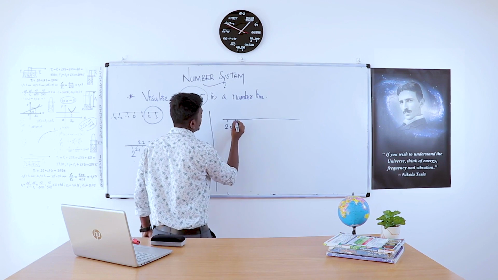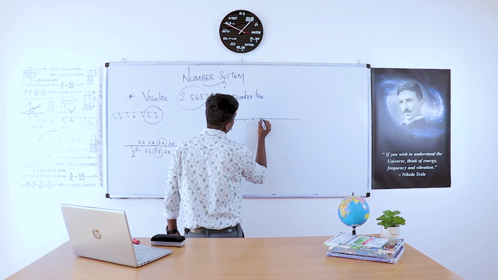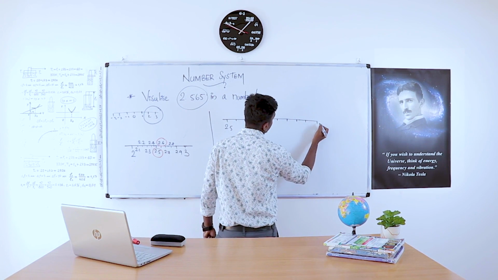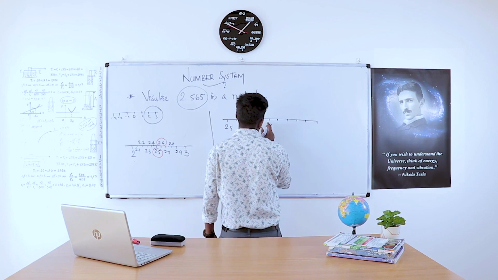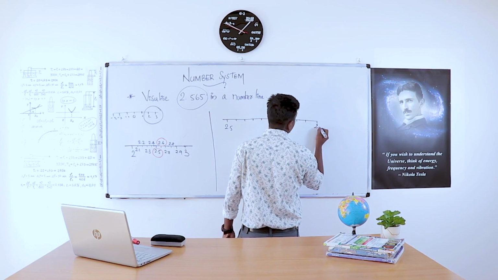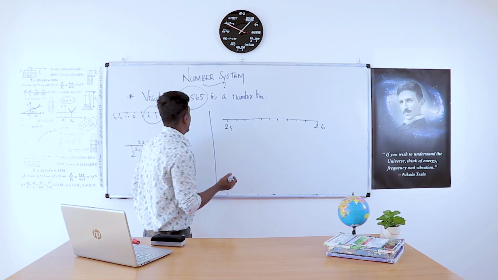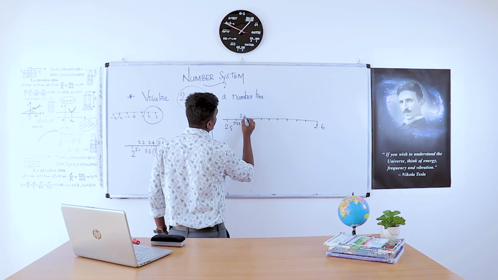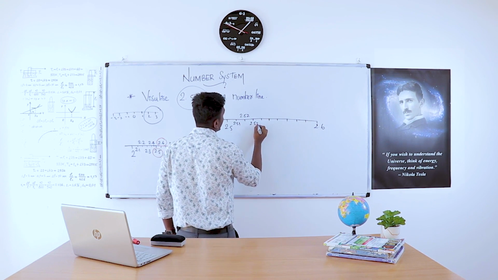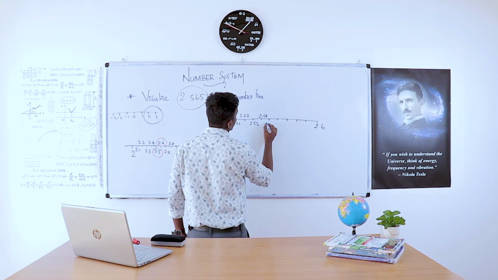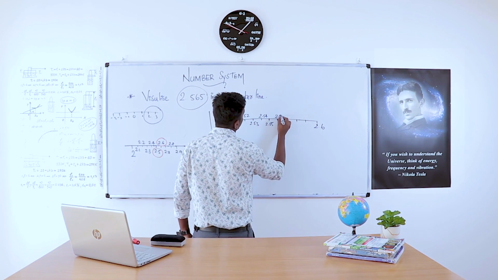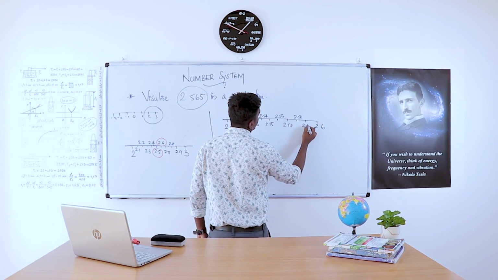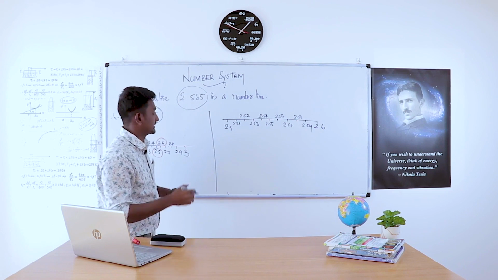This is 2.5. In between 2.5 and 2.6, there are 2.51, 2.52, 2.53, 2.54, 2.55, 2.56, 2.57, 2.58, 2.59 and 2.6.